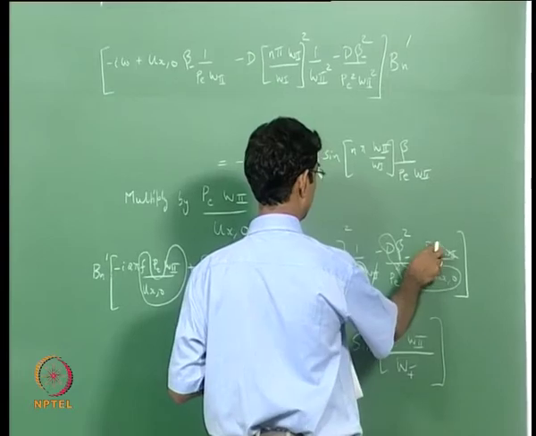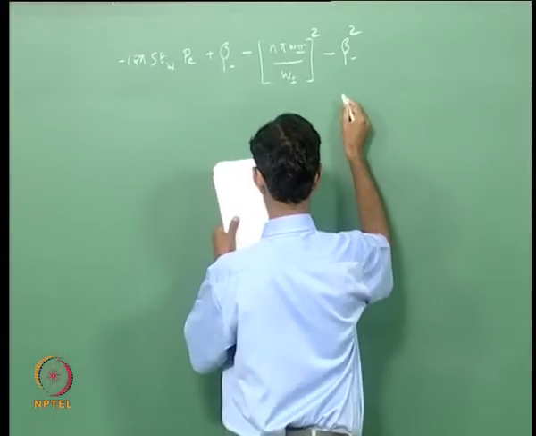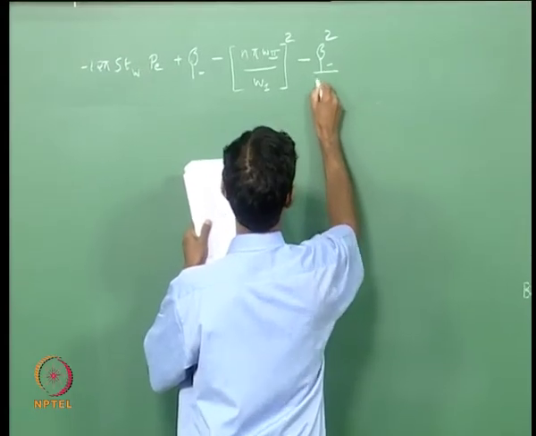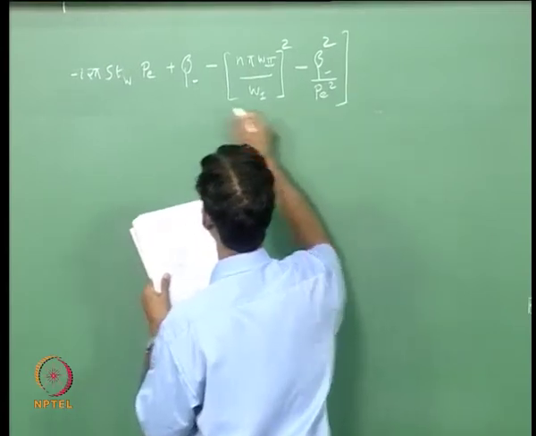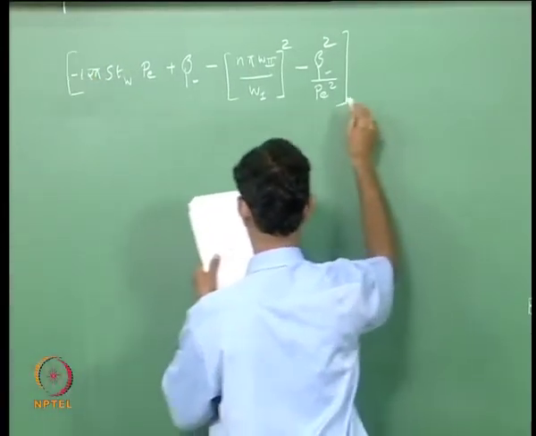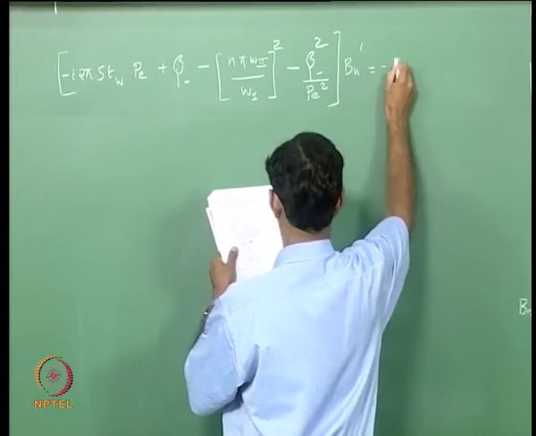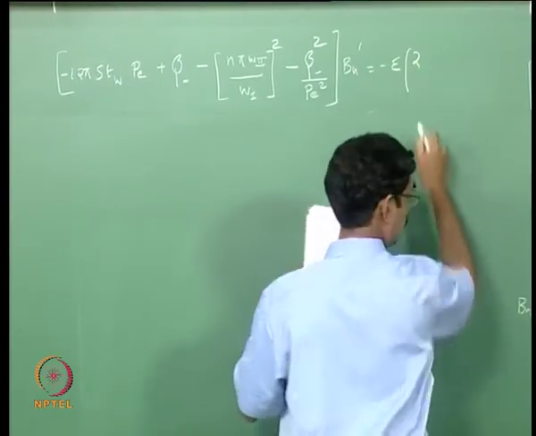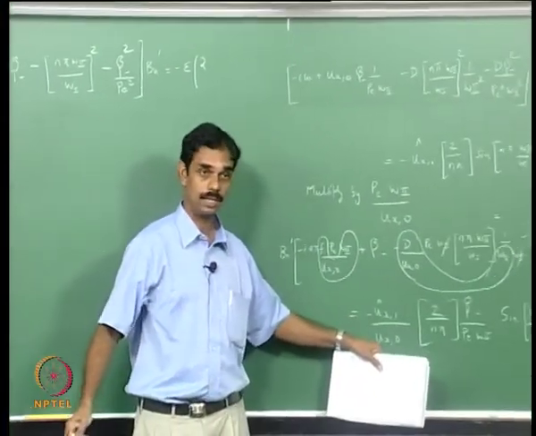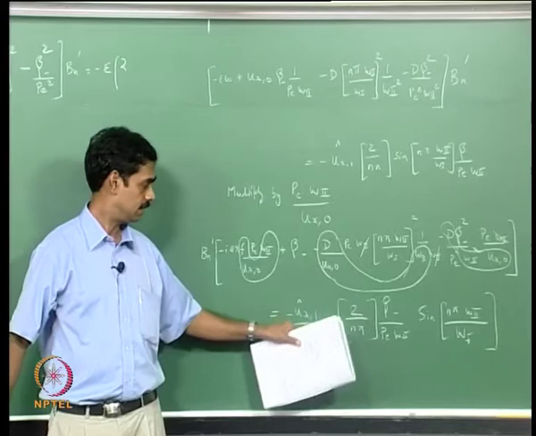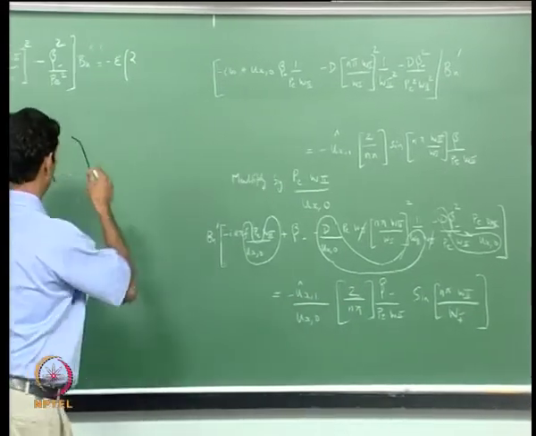So Peclet number cancelled with Peclet number, there is a 1 over Pe squared left. Ux1 over Ux0, we call that epsilon. That is the ratio of the amplitude of the fluctuating flow to the base flow or the mean flow.